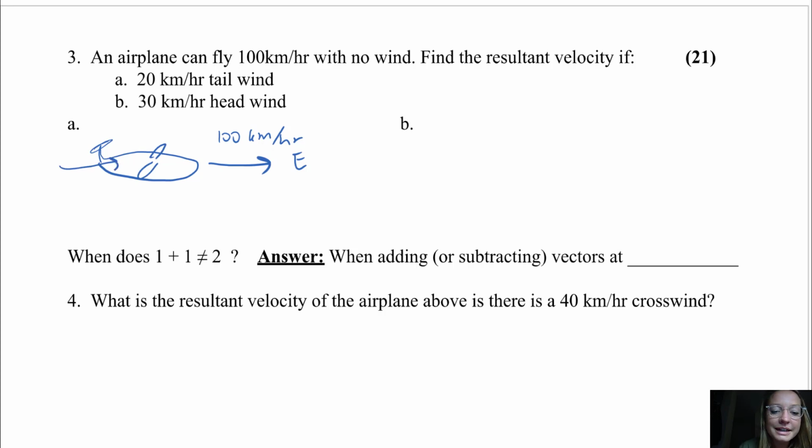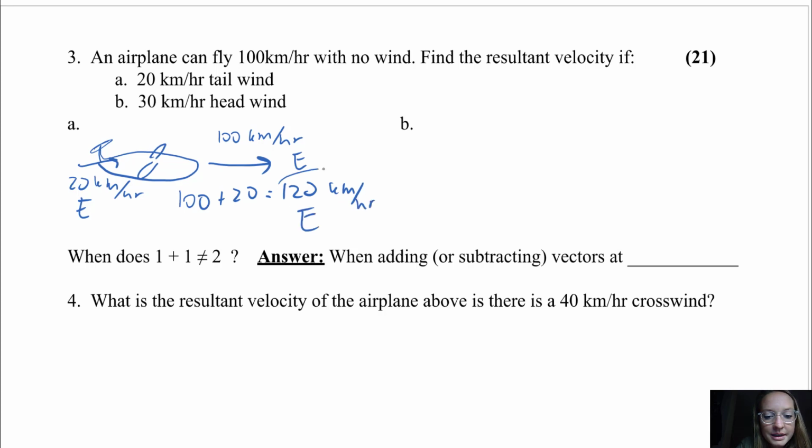Guys, I'm so sorry. Please forgive me and be gracious with me. Okay, so this is going to be going 20 kilometers per hour east. So when we have 20 kilometers per hour east and 100 kilometers per hour east, we can just add them together. 20 and 100 gives us 120 kilometers per hour east.